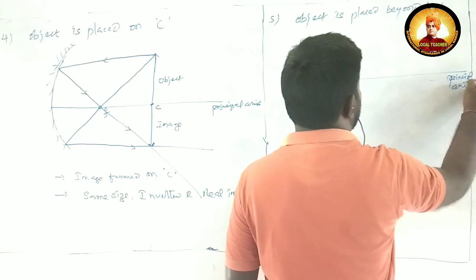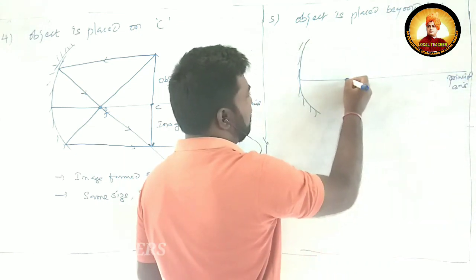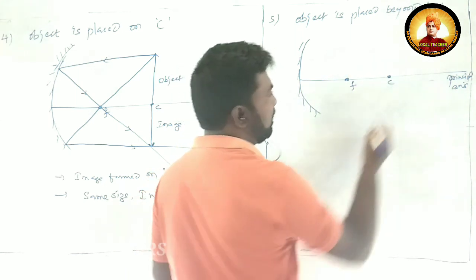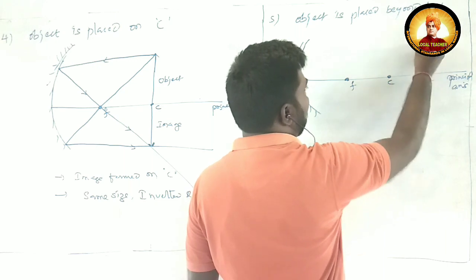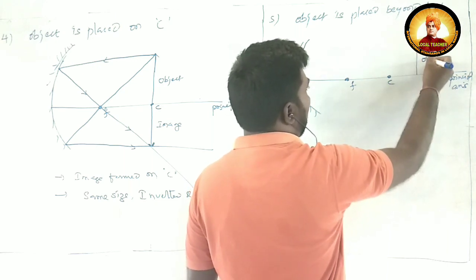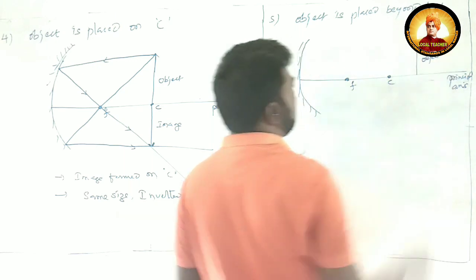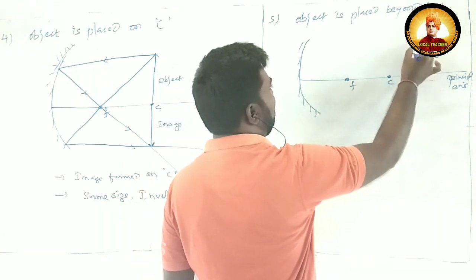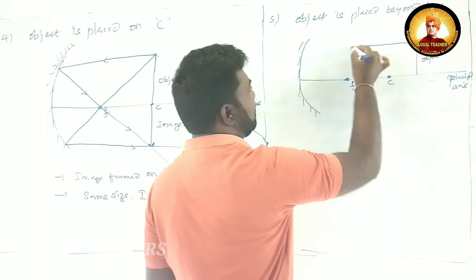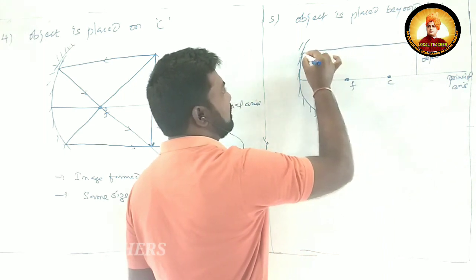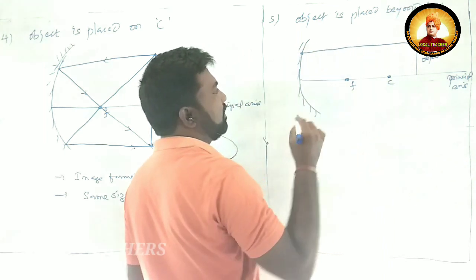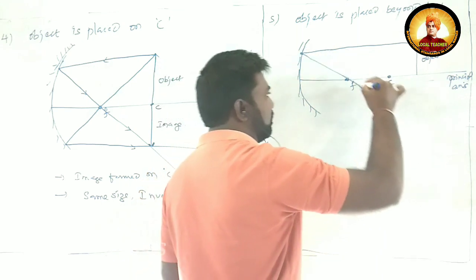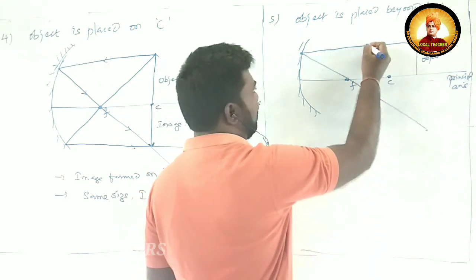Identify the focus and the center of curvature. Beyond the center of curvature, we consider an object. Consider an incident ray which comes parallel with the principal axis, incident on the concave mirror. It is reflected and passes through the focus point.